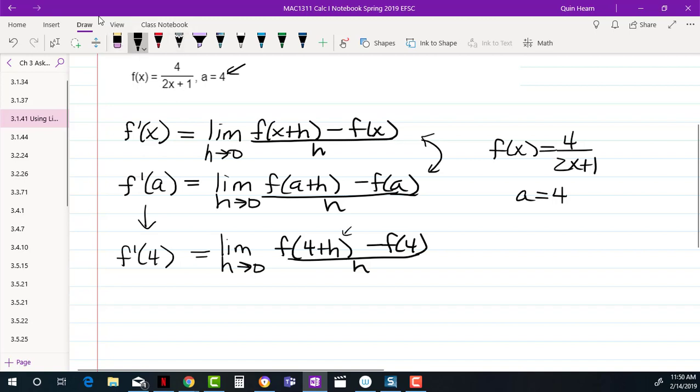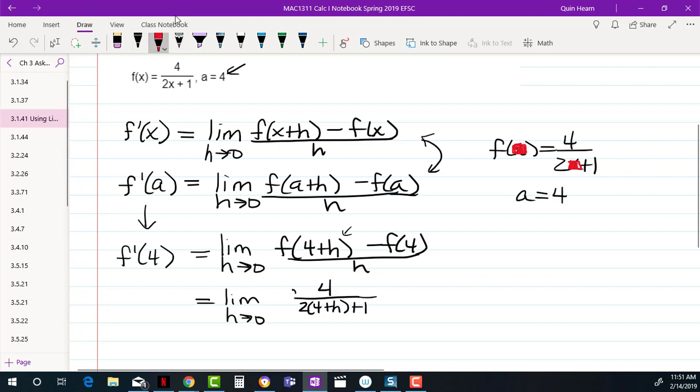To plug 4 plus h into our function f, we need to remember that the x you see in the function f is really just a placeholder. I like to think of it as a little box that we're going to fill. And so when we plug into that box, we get the limit as h goes to 0 of, I'm not going to write f anymore because I'm going to plug in here, 4 over 2 times 4 plus h plus 1.